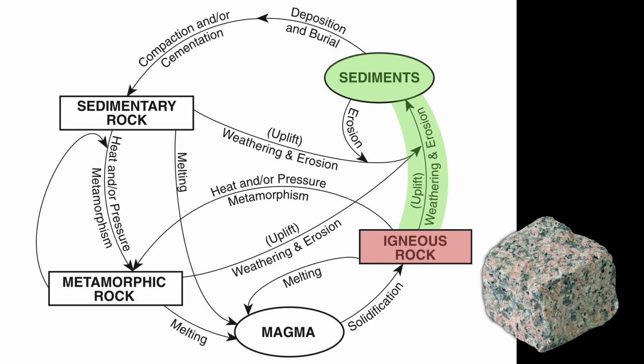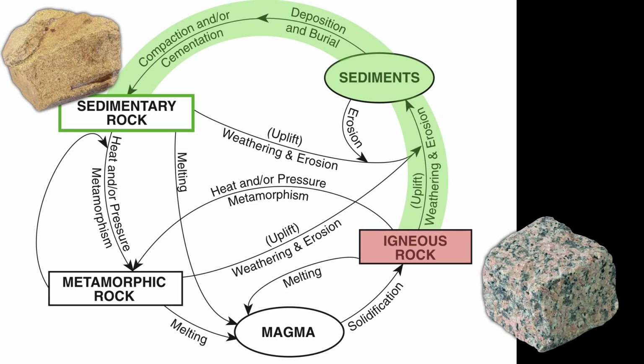Now these little small sediments can be deposited and buried and then compacted and cemented together to form a brand new rock called a sedimentary rock, like this piece of sandstone. So simply by weathering and eroding the granite into sediments and then squeezing the sediments back together, you've converted your igneous rock into a sedimentary rock.